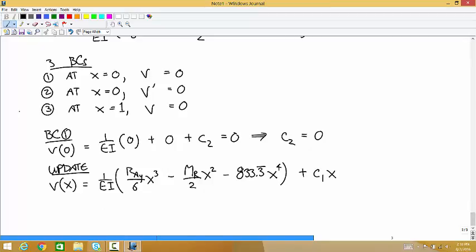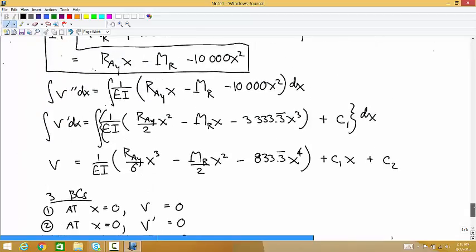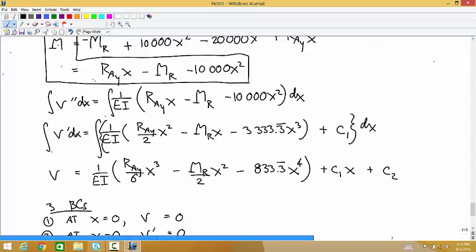So now we can use the second boundary condition that says plug in x to the v prime expression and you get a v prime that's equal to 0. This expression says v prime is equal to 1 over EI times all this stuff in parentheses plus C1.